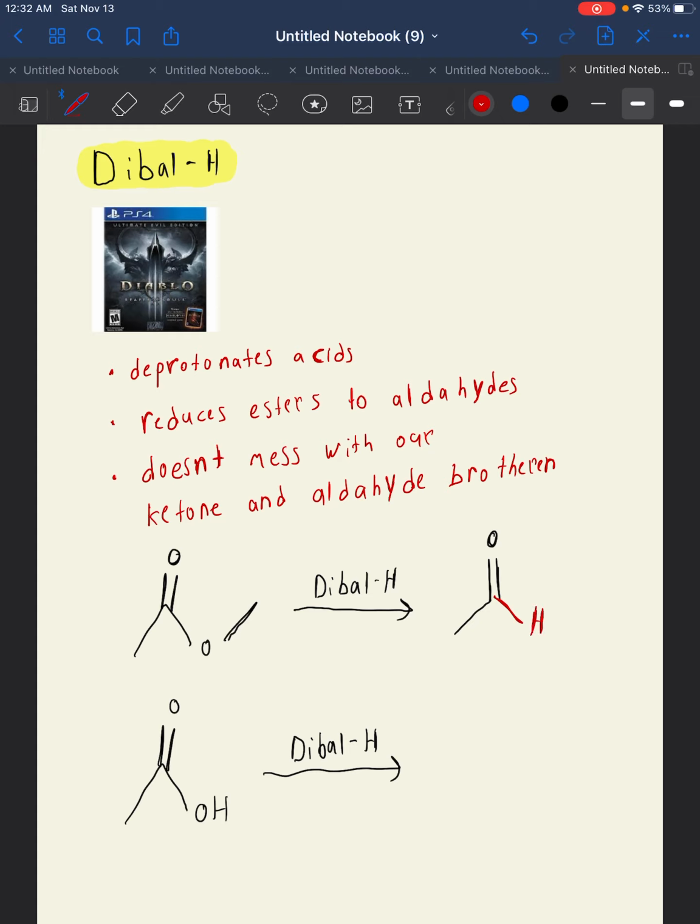Much like that. If we have a carboxylic acid, it reduces, actually it doesn't reduce, my bad. See, like I said, write this stuff down because it is kind of confusing. It deprotonates our acids. So you'd be given something that looks like that when you use DIBAL-H with a carboxylic acid, or an acid.